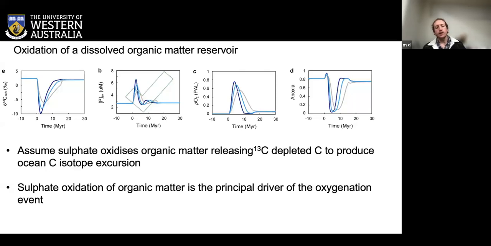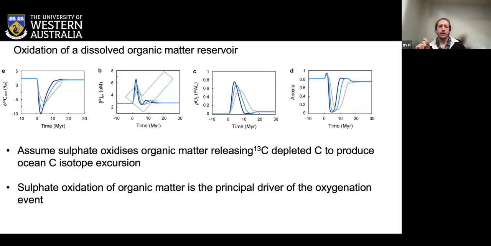The reason we get enhanced weathering at the start of the carbon isotope excursion is because we are releasing a lot of CO2 from that organic matter oxidation. And therefore, this CO2 is feeding into continental weathering and P delivery to the oceans. So that's why we get that first marine phosphorus spike there.